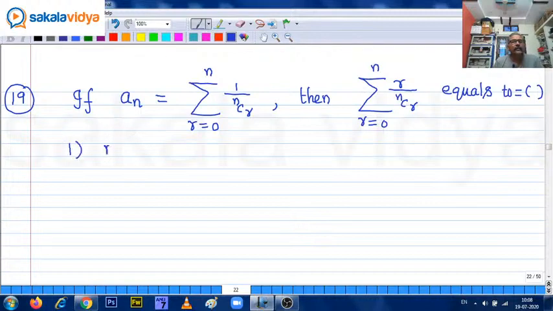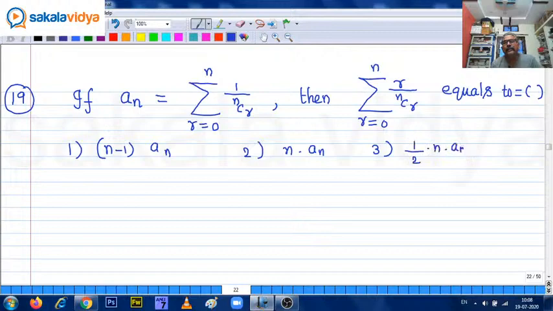First option n minus 1 times an, second option n times an, third option half times n times an, fourth option an plus 1.